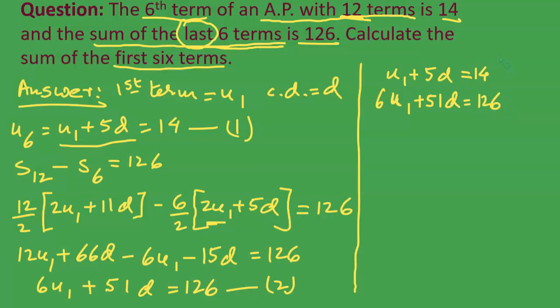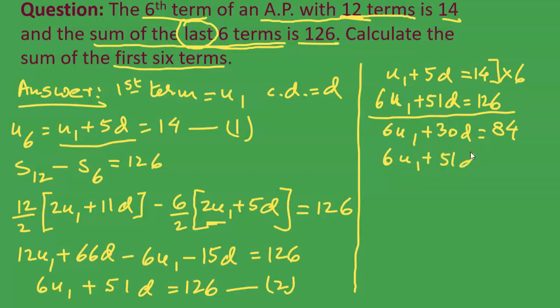Okay, so let me multiply the first one by 6. So I get 6u1 plus 6 times 5, which is 30d, is equal to 14 times 6, which is 84. And the next equation I write as it is: 6u1 plus 51d is equal to 126.